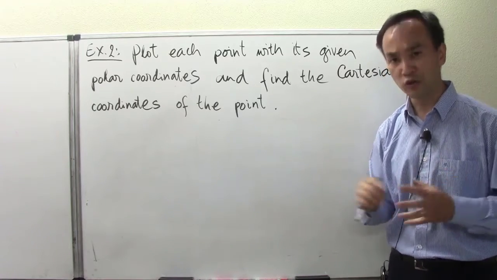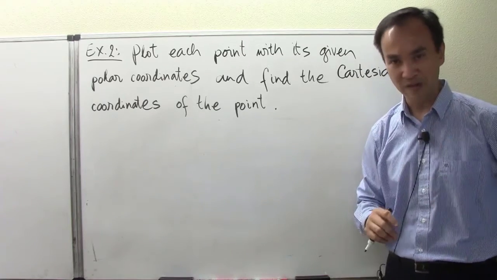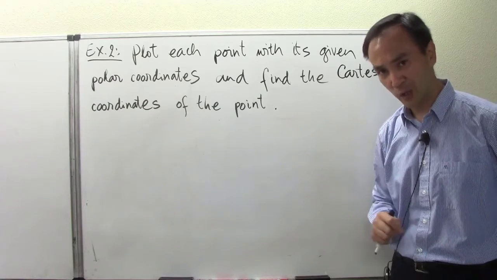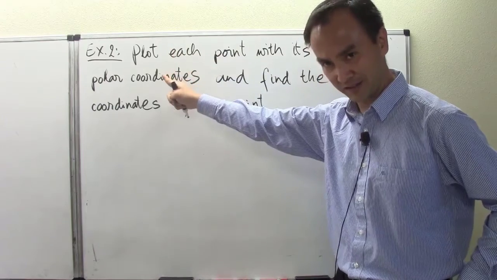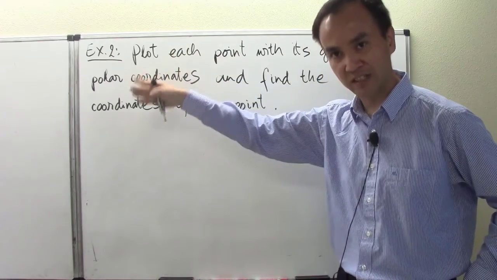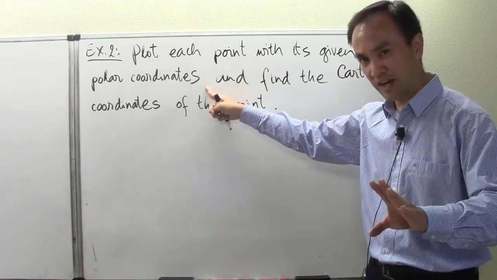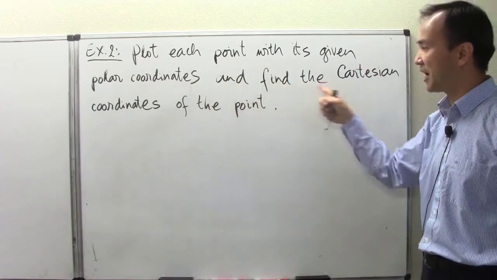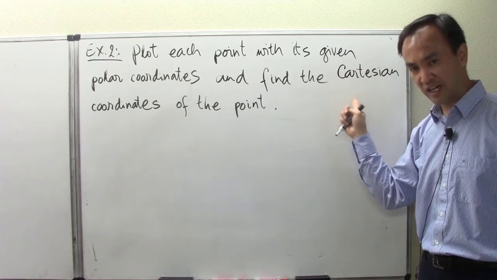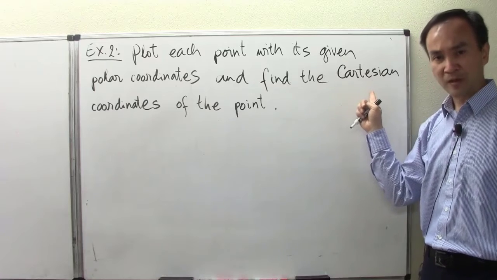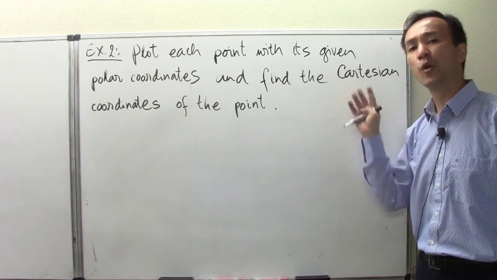I'm also going to hop back and forth between the board here and Desmos, to show the graph and do the calculation. But first thing, we have to plot the point using its given polar coordinates information. And then once we have done plotting it, now we're going to try to find the Cartesian coordinates. Big word again, but I mentioned this earlier in the beginning of our video lecture. Cartesian coordinate is just another name, another way of saying rectangular coordinates.